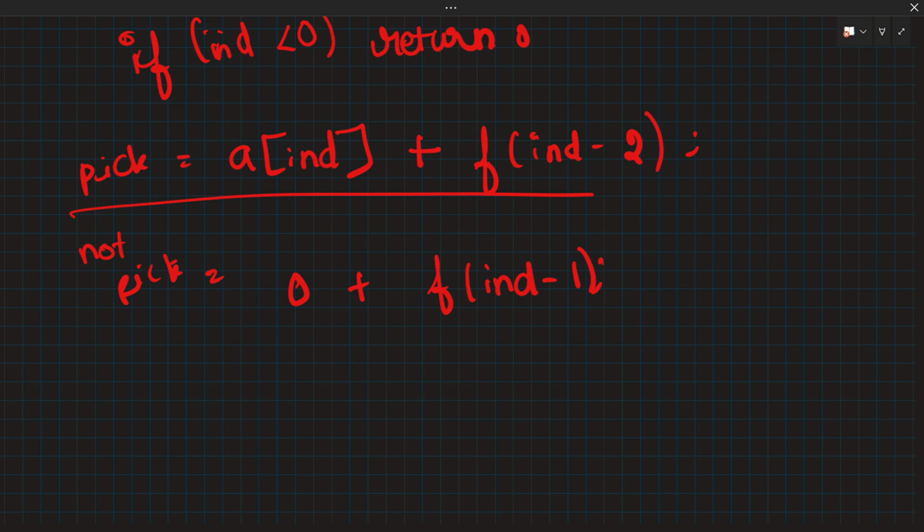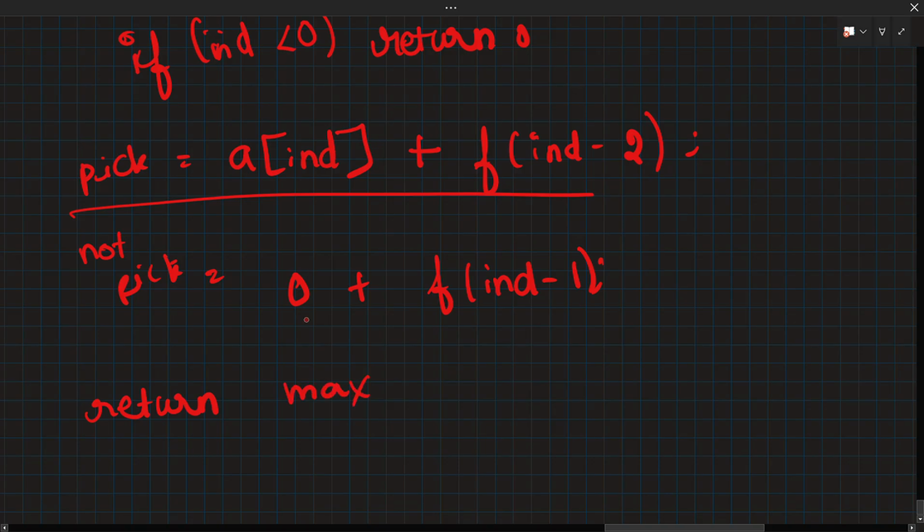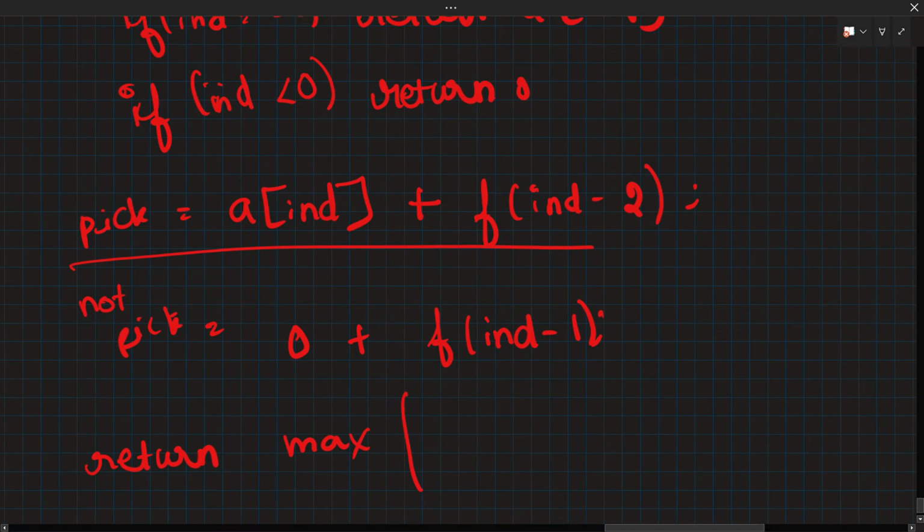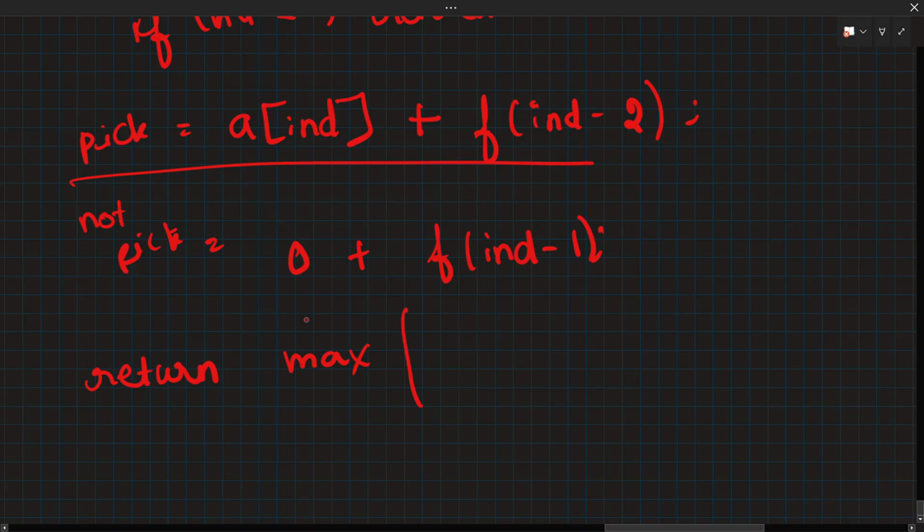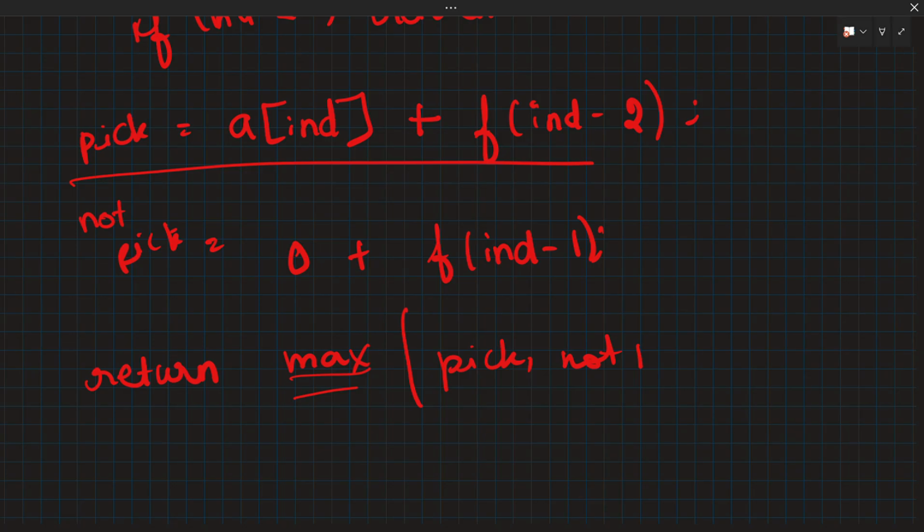If you are not picking the element, you are allowed to go to the next element, so we do index minus 1, and return the max of both. Why do we put max? The problem statement clearly asks for the maximum over all the subsequences, so we take the max of the pick and non-pick elements. That gives the answer.